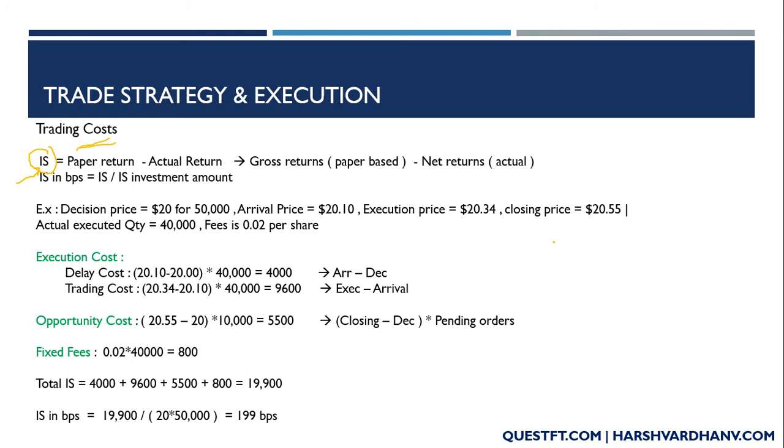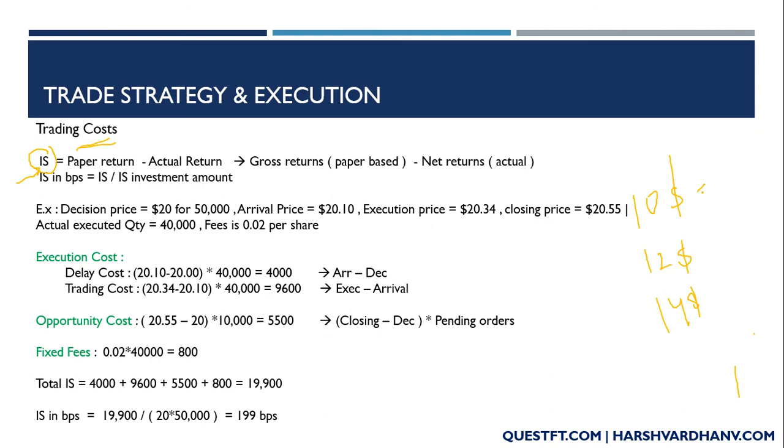Suppose you wanted to buy a stock at, say, $10. So this is your thought price, and you want to execute. You went to execute this, and the stock price moved to $12, and the stock closed at $14.